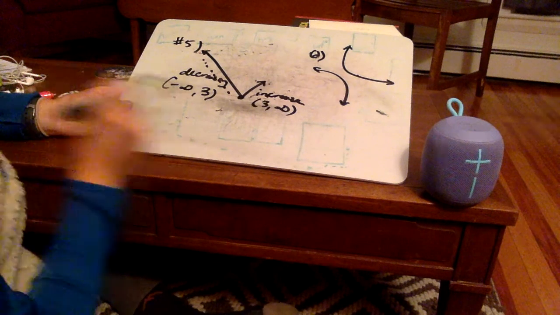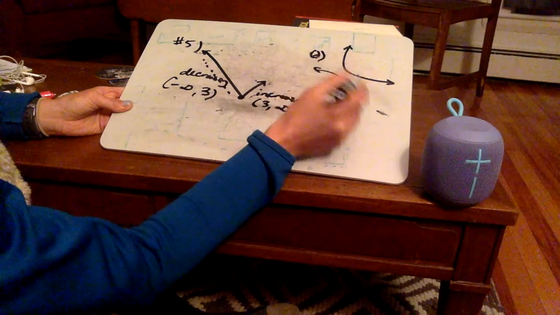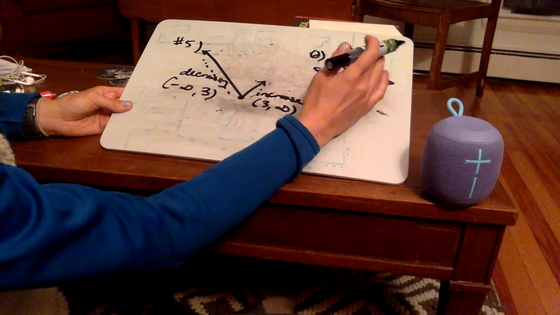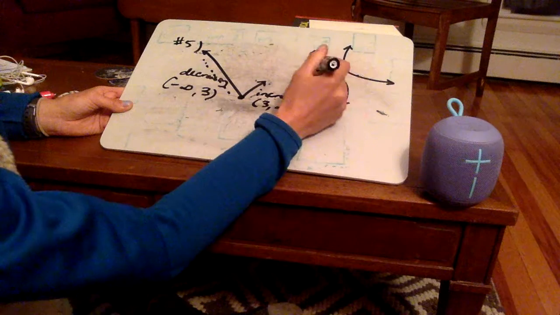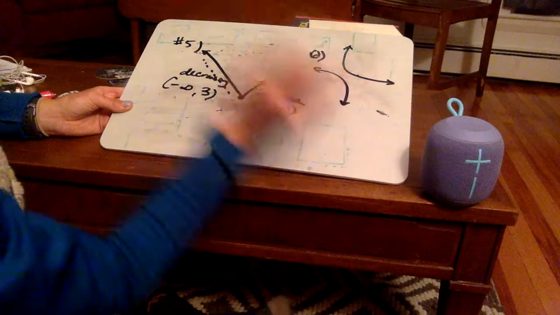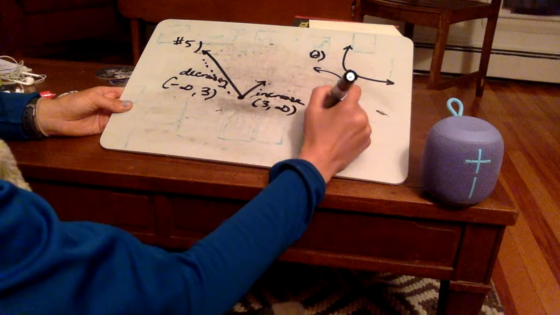But if I look at the slope of both of these lines, both are decreasing as I read left to right. This one has a negative slope, this line has a negative slope, and this one also has a negative slope. So it is not increasing.